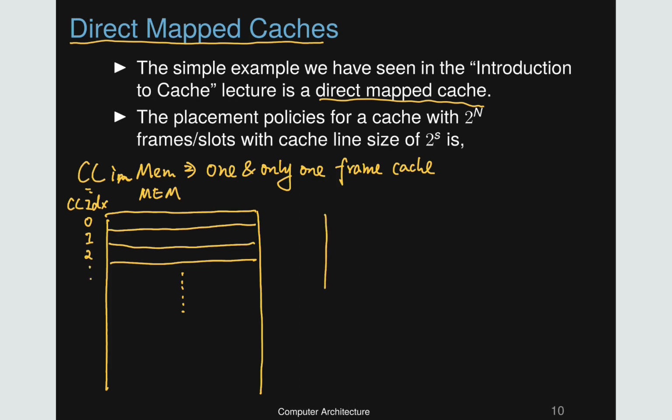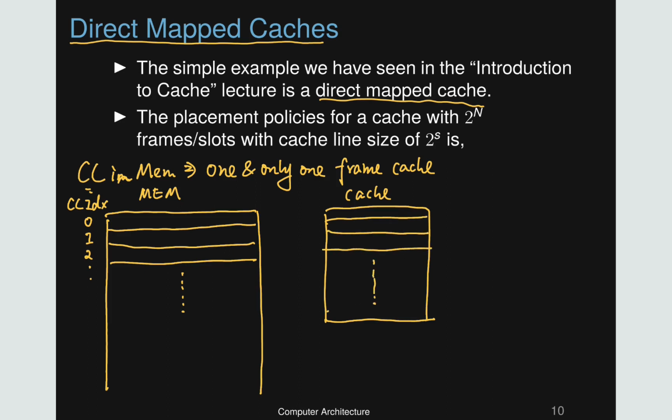And here we have our cache. These are going to be our frames, and each frame is going to be used to store a cache line. Let's assume that we have a total of 2 to the n frames. For each frame, we can also give it a frame index.